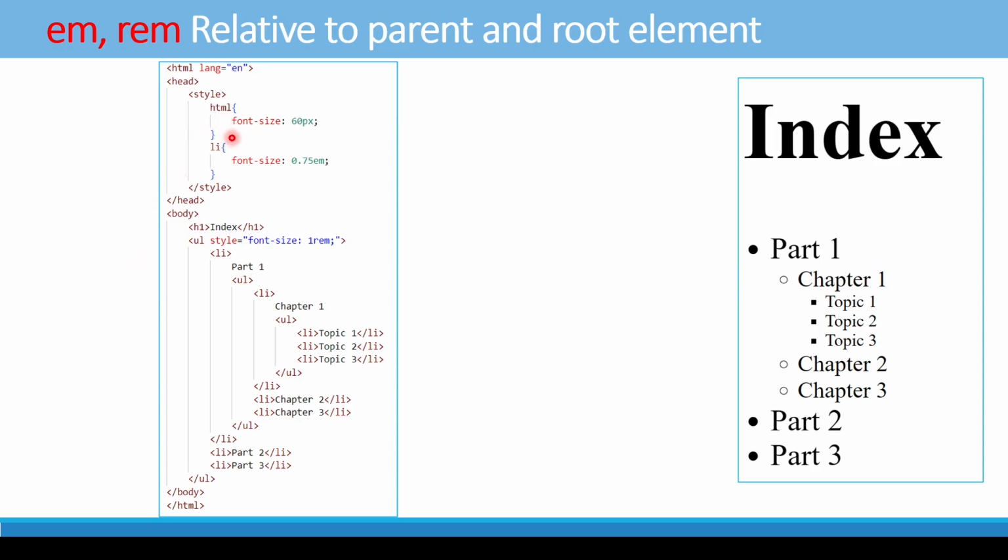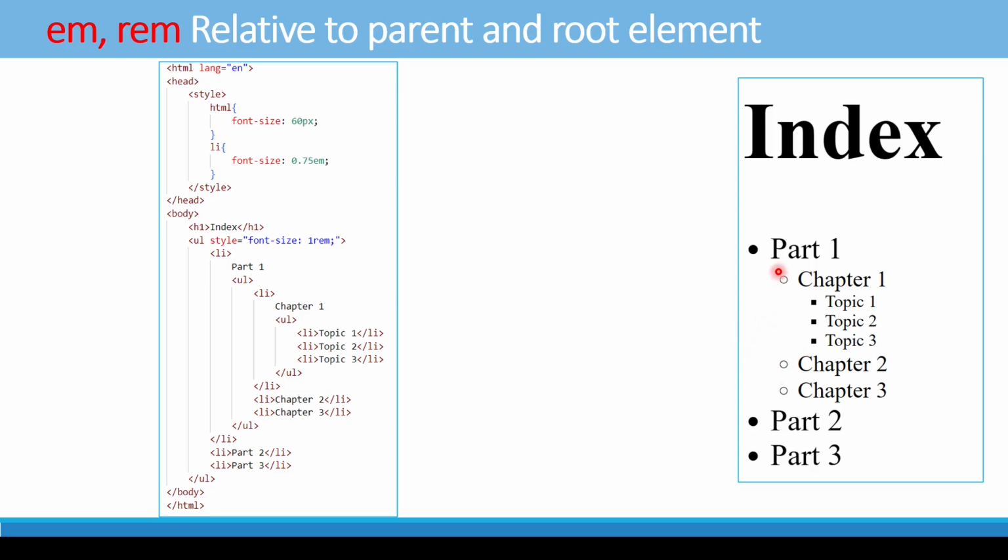Set the font size of the root element to be 60 pixel. So this header will be 60 pixel. Set the outer list to be 1 rem, so it will also be 60 pixel. Set the list item to be 3/4 of its parent.